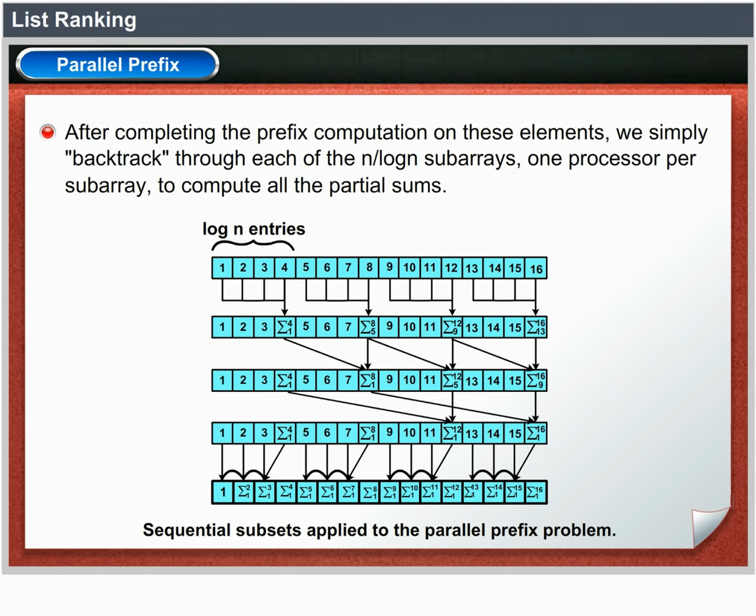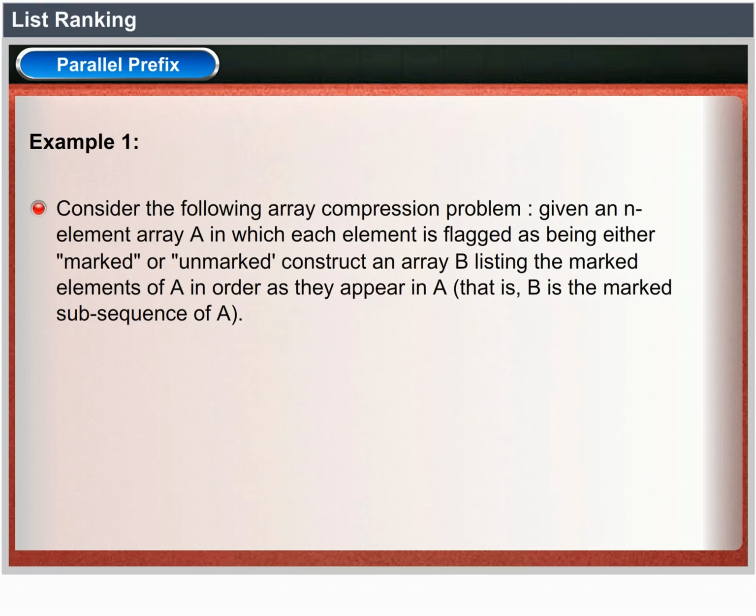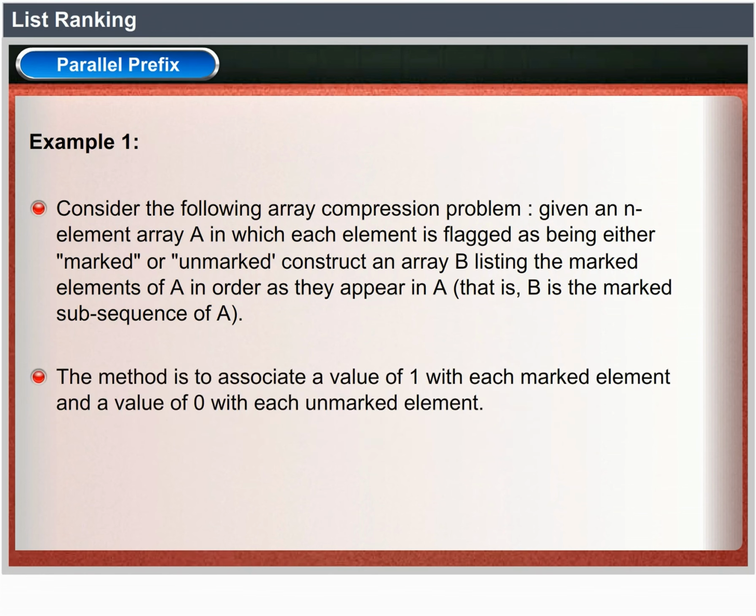The parallel prefix problem arises as a subproblem in a number of other list manipulation problems. We illustrate this with two examples. Example 1. Consider the following array compression problem. Given an n-element array A, in which each element is flagged as being either marked or unmarked, construct an array B, listing the marked elements of A in order as they appear in A, that is, B is the marked subsequence of A. The method is to associate a value of 1 with each marked element and a value of 0 with each unmarked element.